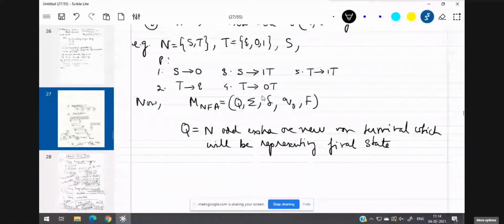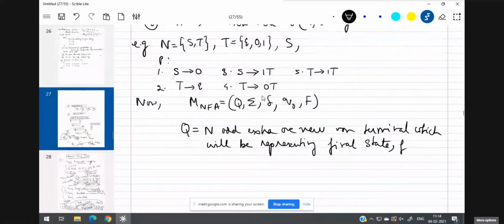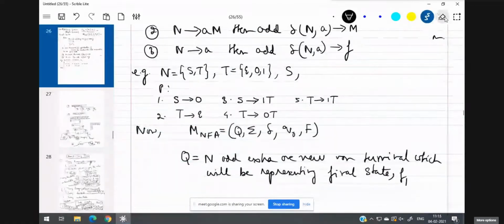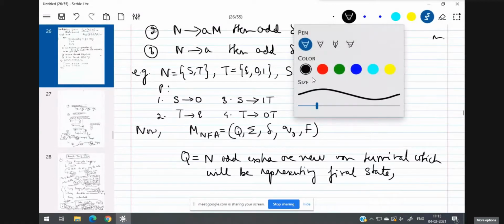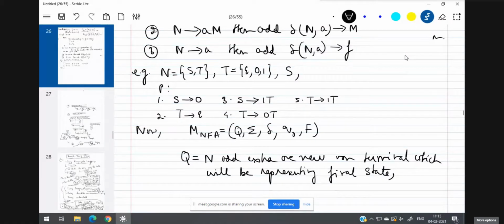So the terminal with that extra non-terminal is going to represent the final state. Let me represent that extra one as F1, because a non-terminal, as I have already mentioned, always has to be a capital letter.